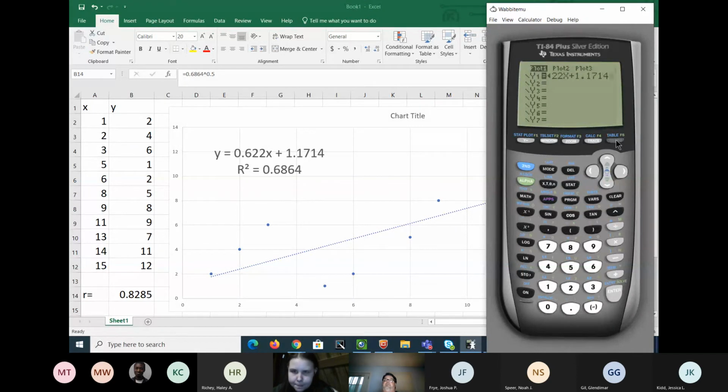And graph. And there's your line, just like right here. So now you can match this up with whichever's on your homework or your test question. And it may ask you for the equation of that line, which is right here, or it may ask you for the correlation coefficient. And you should feel good about yourself.